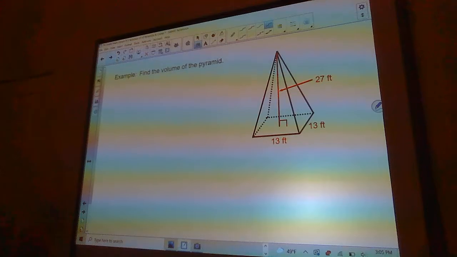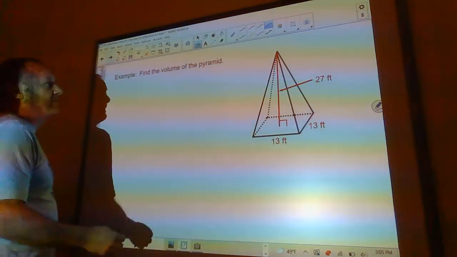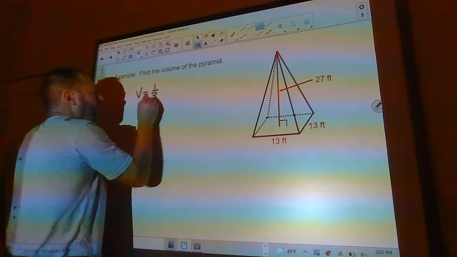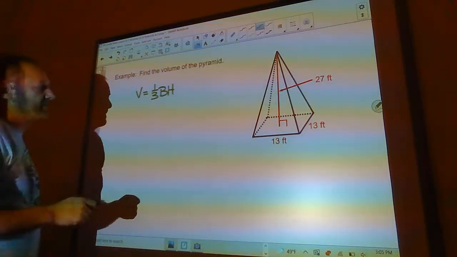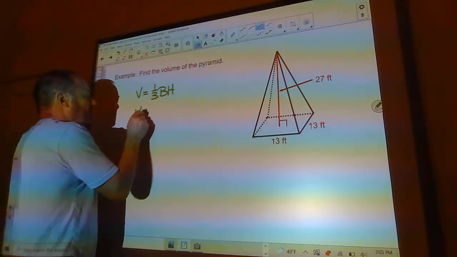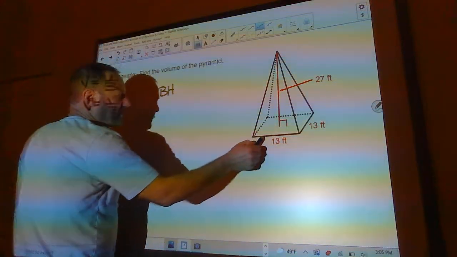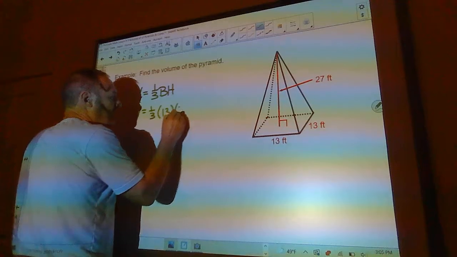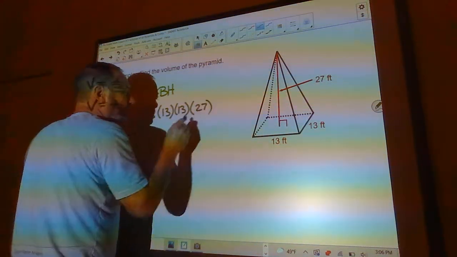Here we've got a square pyramid. It's got base edges of 13 and 13 and a height of 27. So we get out our volume formula and we write it down. We always write down our formula. Here's our general formula. Remember that since it's a square, the specific formula is going to be the length times the width for the base. So it's going to be 13 times 13 times the height of the pyramid, which is 27.